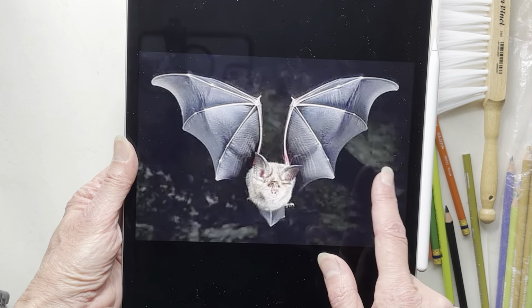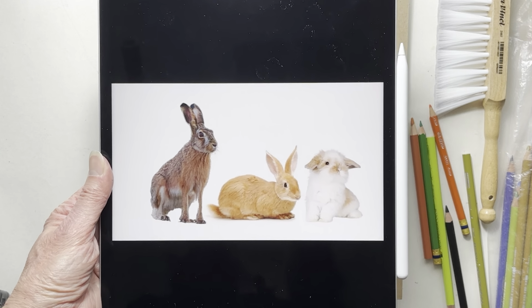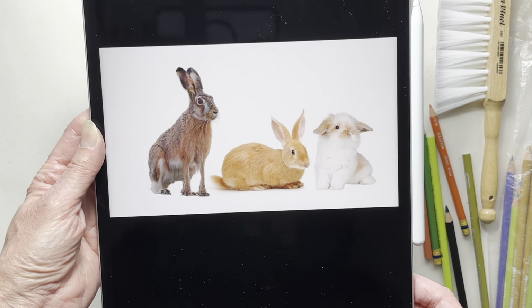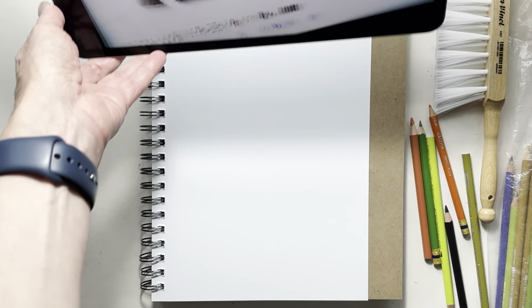I didn't save any elephant pictures. I think I know what an elephant looks like well enough that I can draw a simple drawing without a reference. So I'm going to turn this sideways, put it over here, and let's start.